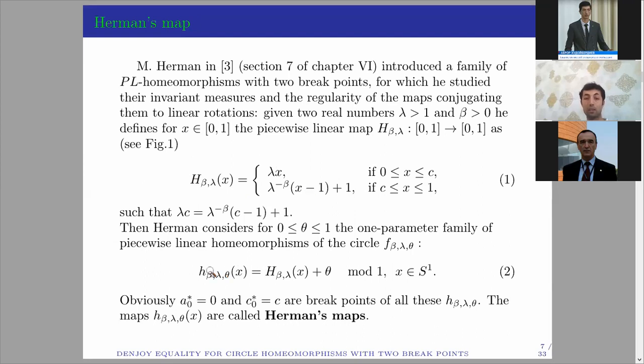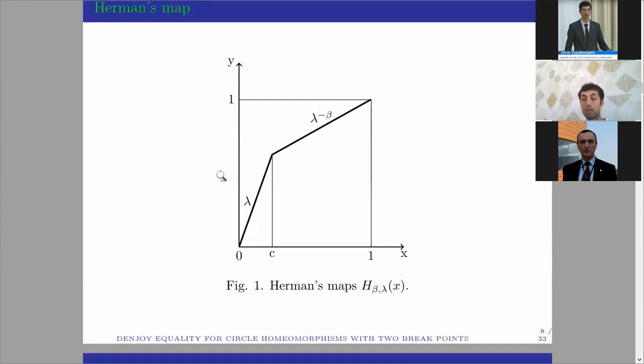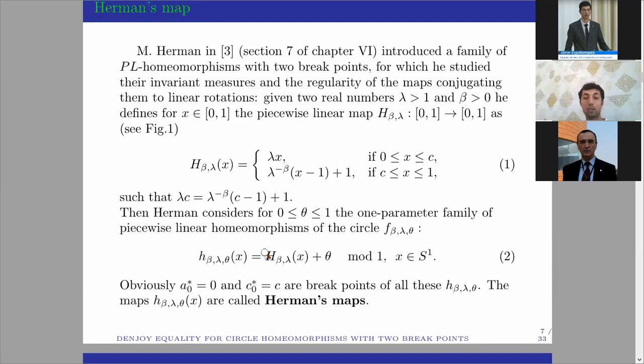Here we can see the graph of Herman's map, and here 0 and C are breakpoints. Herman considered a one-parameter family, small h, beta, lambda, theta homeomorphisms, which is just capital H plus theta mod 1. Mod 1 is the fractional part.